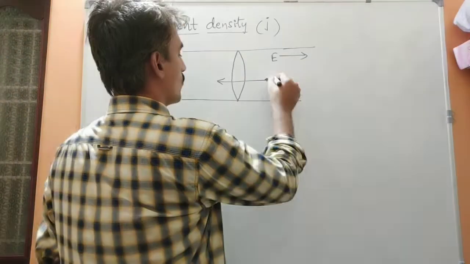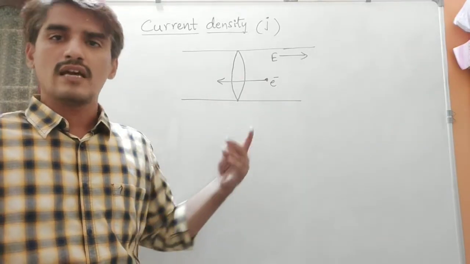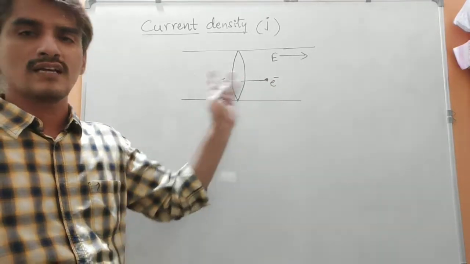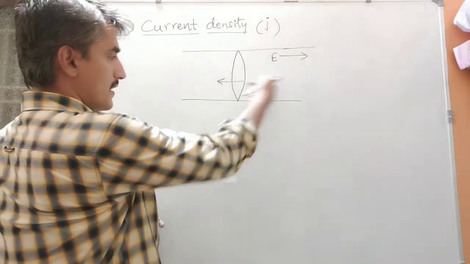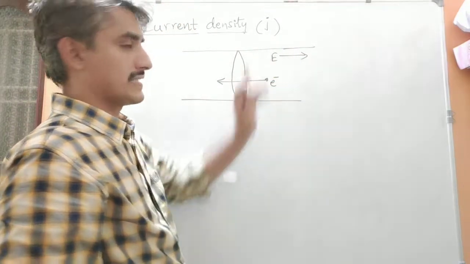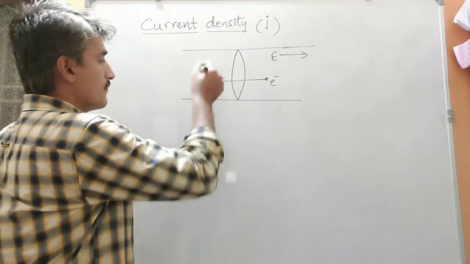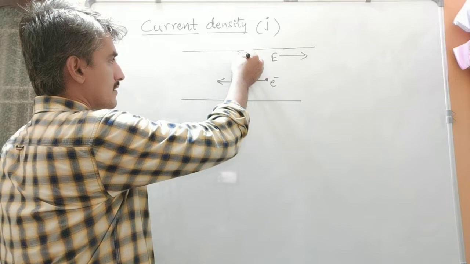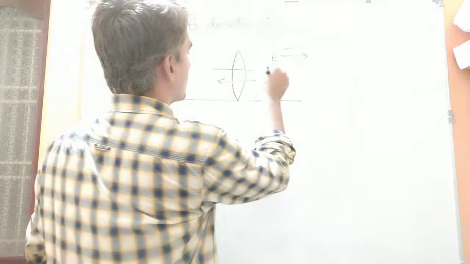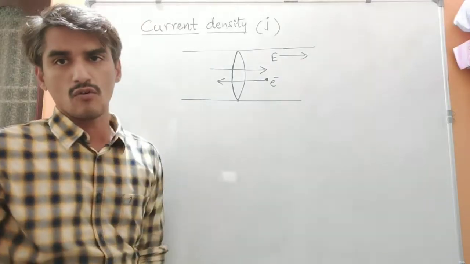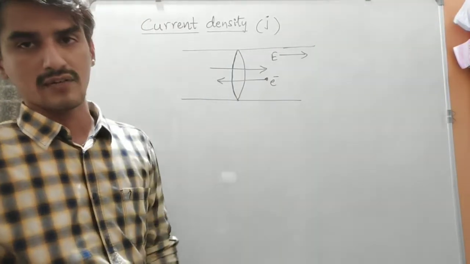They don't go straight actually, they go in a random manner, but we are showing the direction of drift velocity here. So the electrons are drifting opposite to the electric field. Now if we consider the area here, then how much current or how much charge is flowing through that area, that is what we want to calculate.